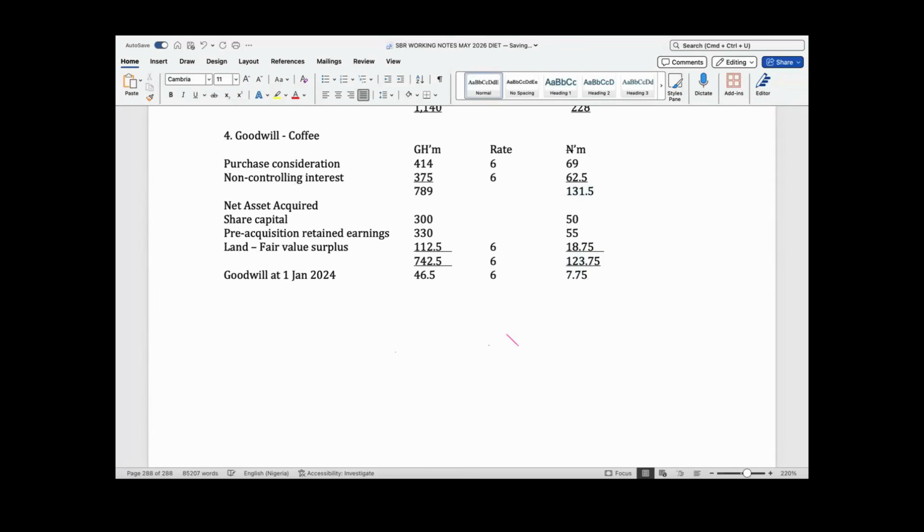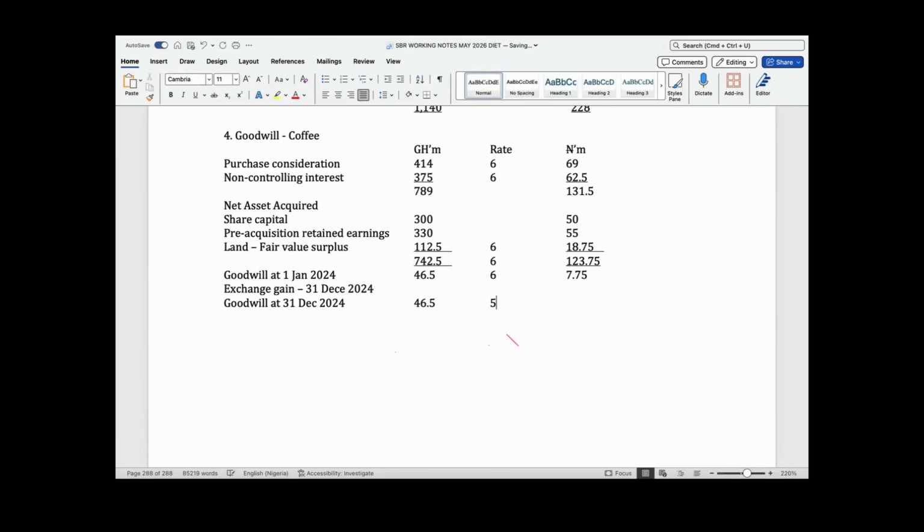7.75. Now, there will be an exchange gain somewhere at the end of the year, which is 31st December 2024, because goodwill in Naira will change. In this guy's currency, it won't change, it's the same.